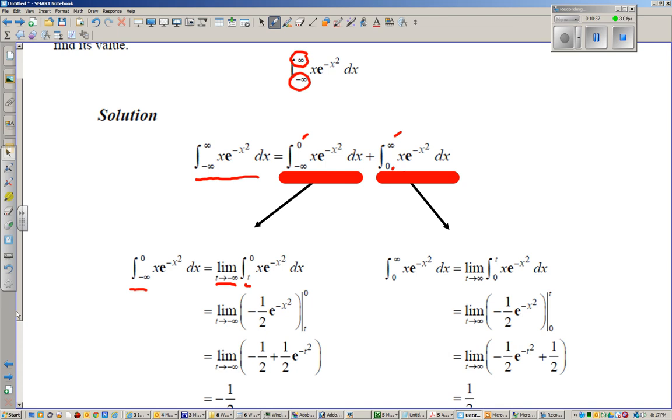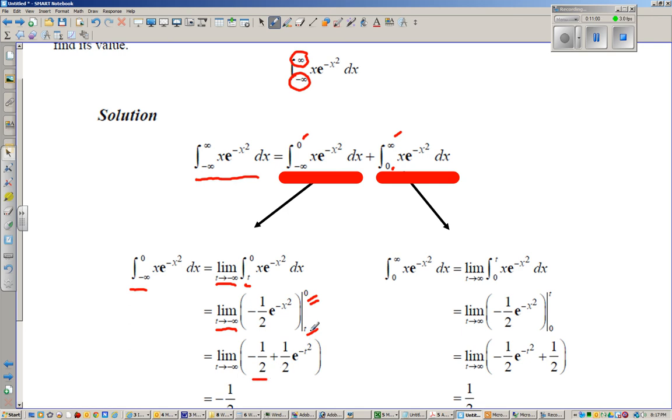Anyway, not to get off track too far here, but we have this limit as t goes to negative infinity, and there are my upper and lower limits. If I put the upper limit in of 0 and get negative 1/2 e to the 0, I get a negative 1/2 out.